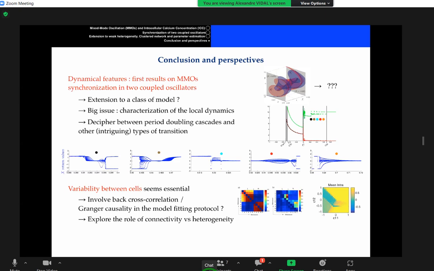So the exploration of the role of connectivity versus heterogeneity is something that we would like to perform using our new tool, our ROM, reduced order model, to obtain fast simulations of large networks.